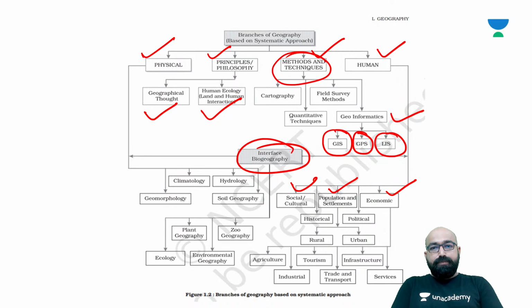Now, for example, what was once manual cartography has now been transformed into computer cartography.